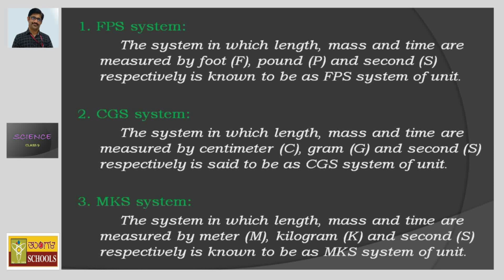In various parts of the world, people used various measurements according to their own choice. Out of which we collected a few here: the FPS system, CGS system and MKS system. I hope you followed all these systems.